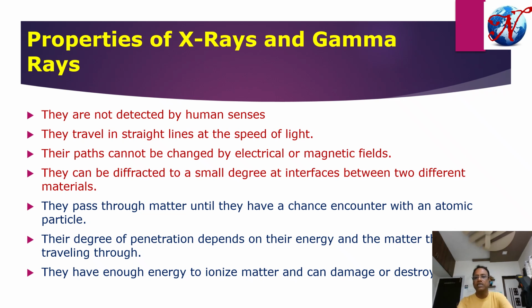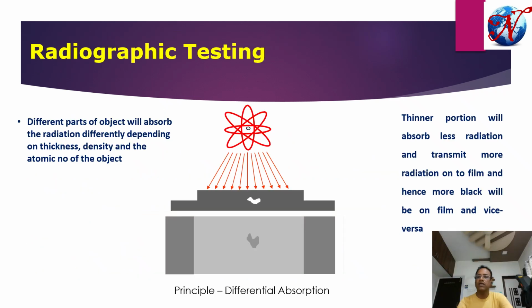When it is transmitted from one material to another, it definitely loses energy, and due to this energy loss, there are hazards where the human body or living tissue is concerned.